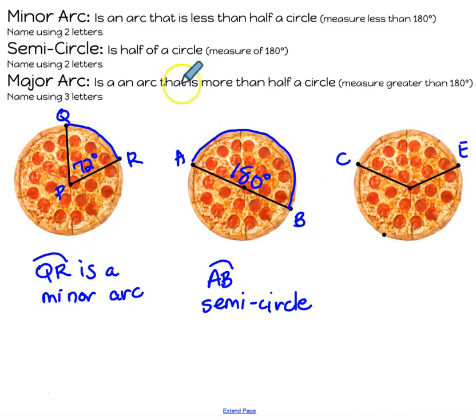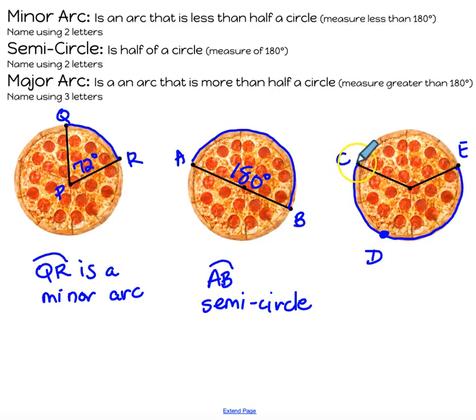A major arc is an arc that's more than half a circle, greater than 180 degrees. If I wanted to go this way and make a major arc, I would come down here. Notice I'm passing through a third point, so people know that I'm going to make the major arc.